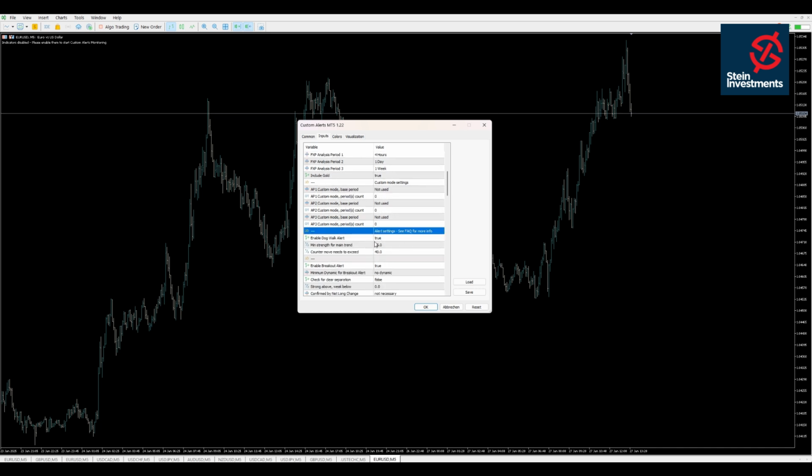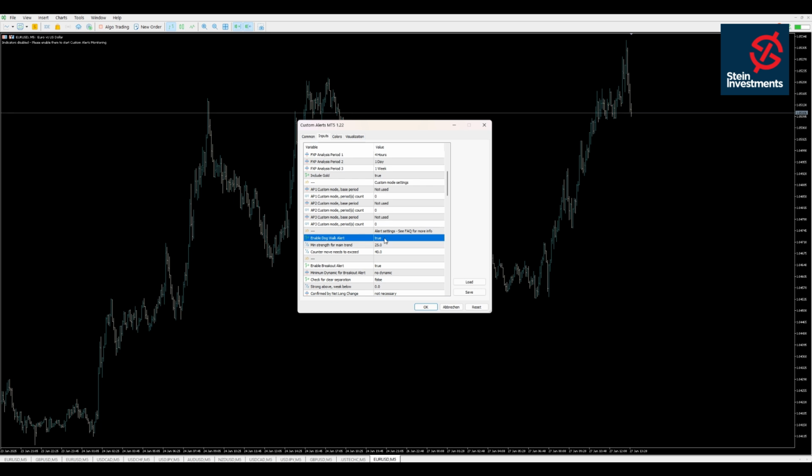And Custom Alerts provides pre-configured alerts for the trading systems we already published on our page. So you will get the tools from us, you'll get the system description, and with Custom Alerts, you'll even get a ready-made solution that gives you a pop-up message, smartphone notification, or email, or whatever, to keep you up to date.